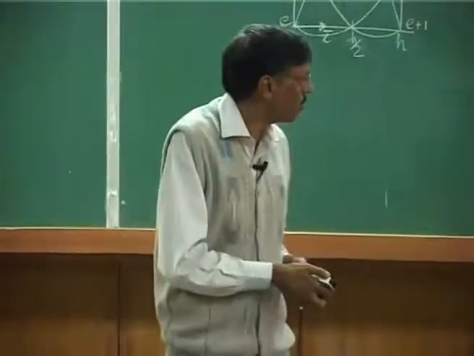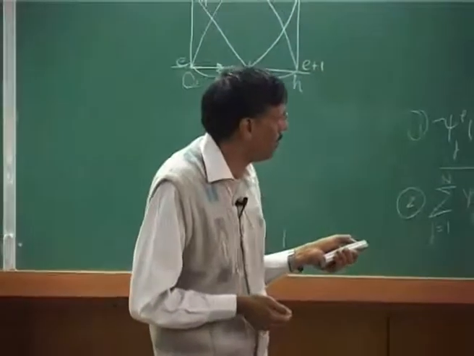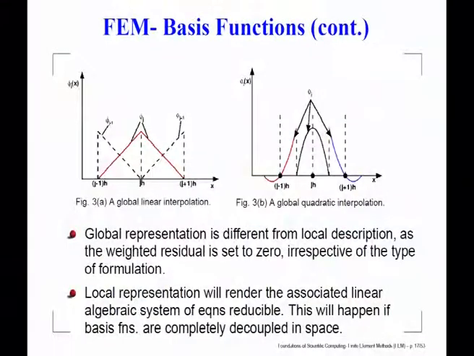That is why, for example, if I look at the linear basis functions, I said that my jth node starts off from jh to j plus 1 into h.